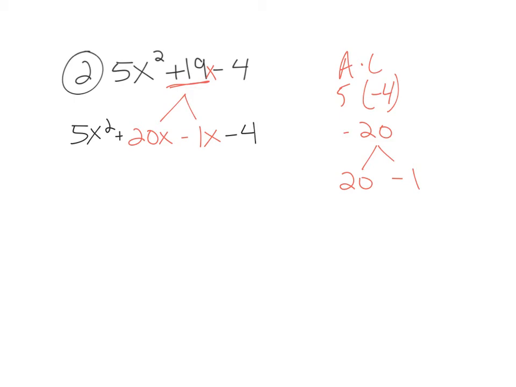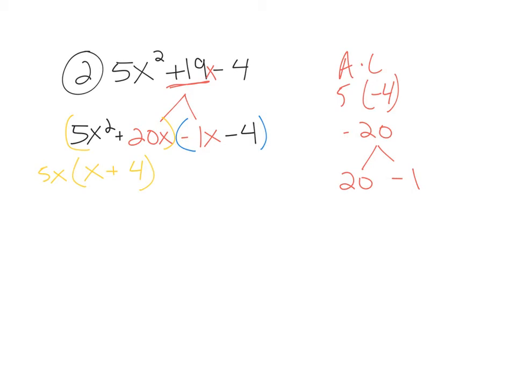Now, what we've created is 4 terms, and with 4 terms factoring, I need to do factoring by grouping. So I group my first two terms together, and they have a 5x in common. What remains is going to be an x plus 4. My next two terms, negative 1x minus 4, they have a negative 1 in common.